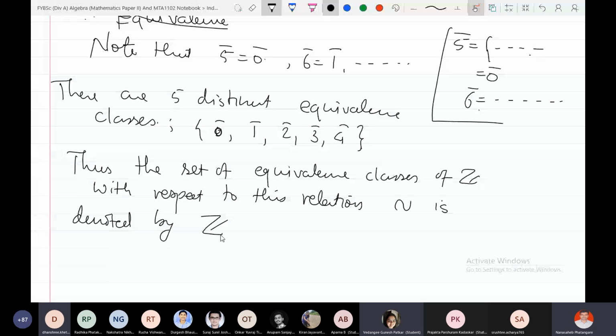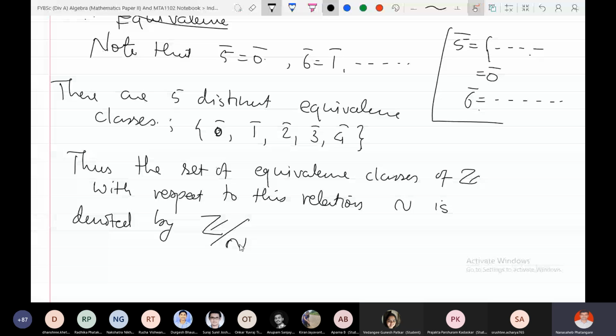A modulo R. Z modulo tilde, because here our relation is tilde. So what is special about this relation?